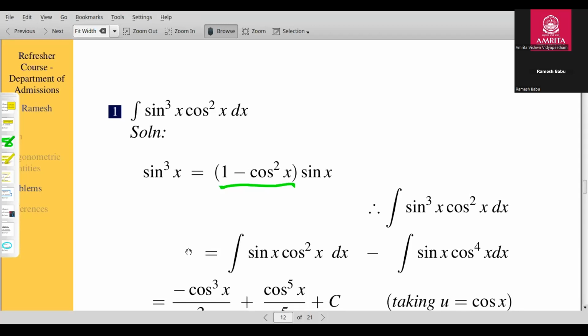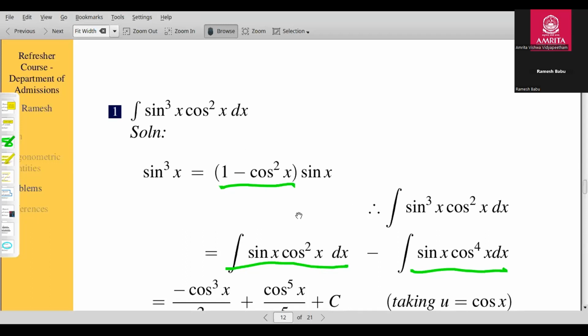So in this term, there is a sine term and a cos term, but the sine power is 1. And here also sine and cos are there, but the sine power is 1. So what's the purpose? Very simple. If you take u is equal to cos x, the differentiation of cos x is minus sin x, right? So the sine term will be there.